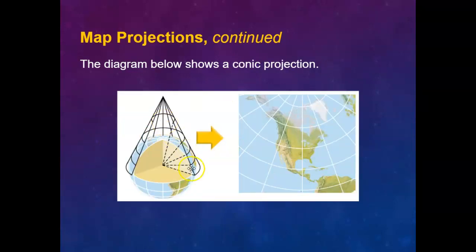Another way is to take your paper and turn it into a cone and wrap it around the Earth. Each one of these has different strengths and weaknesses. The main strength and weakness of maps like these is that they are most accurate where your paper is closest or touching the globe, and they are least accurate where your paper is not touching.